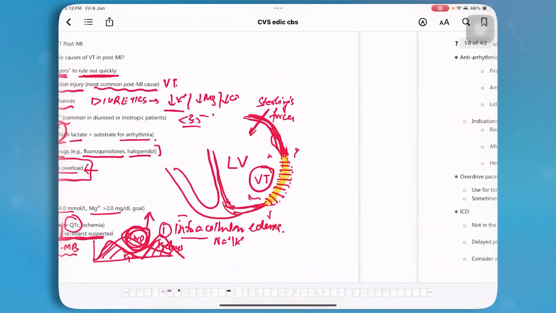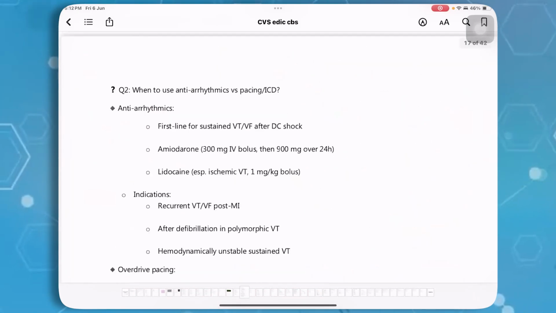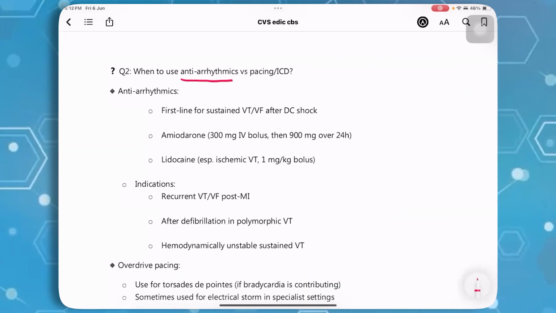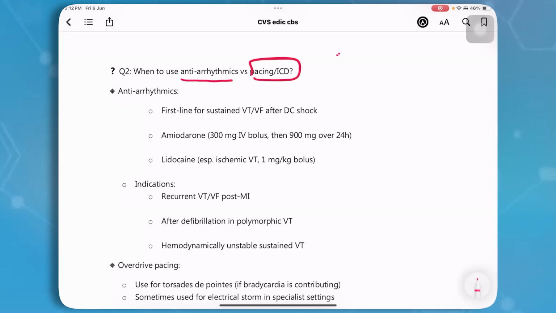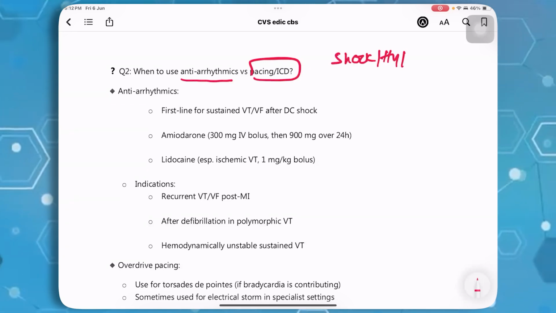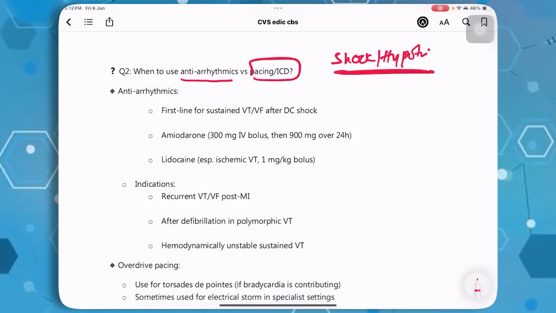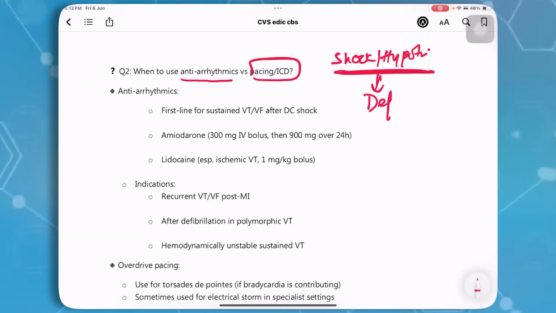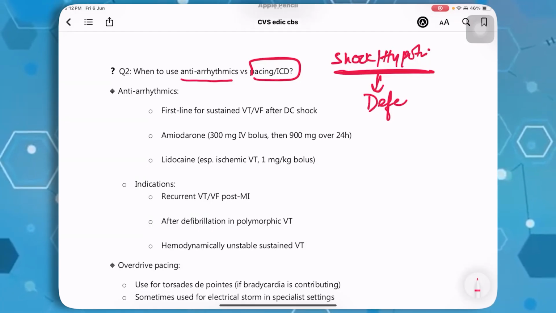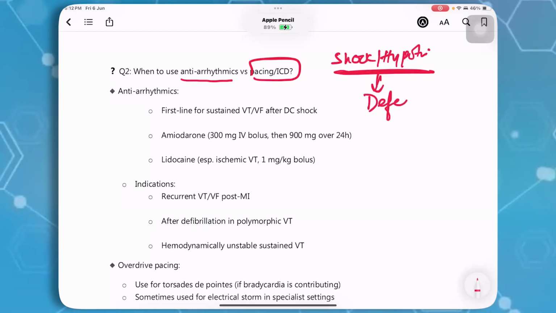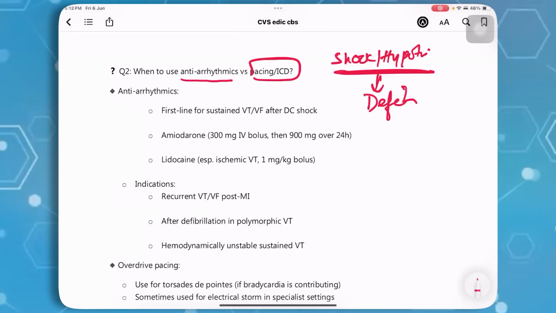Very good. So, when to use antiarrhythmics versus ICD or pacing? The rule of thumb is if the patient has shock or hypotension, you always do a defibrillation.